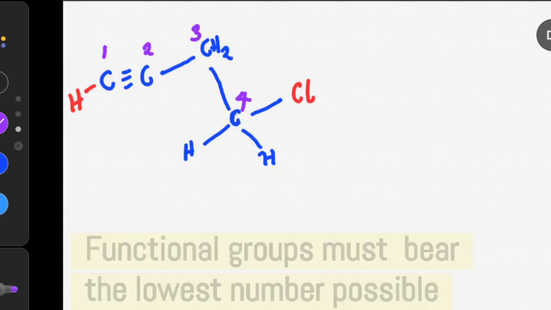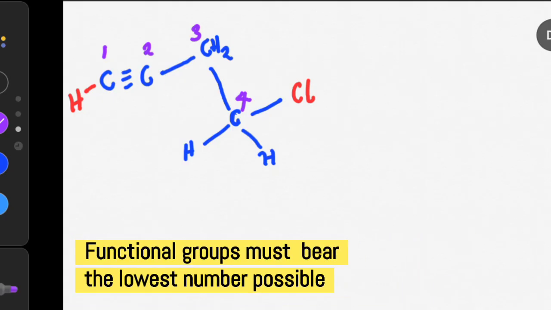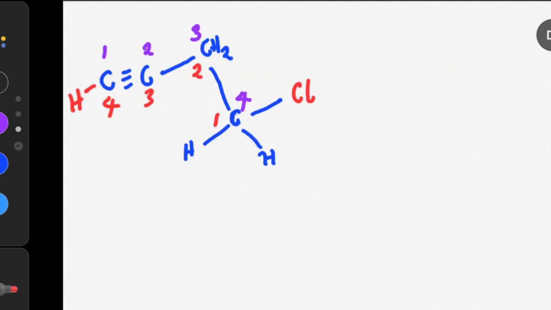If we start numbering from the other end, we'll be giving it the third or fourth, which is not possible. So we are going to go from left to right, excluding moving from right to left.